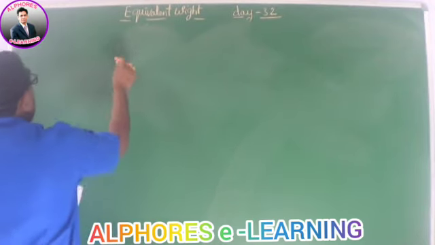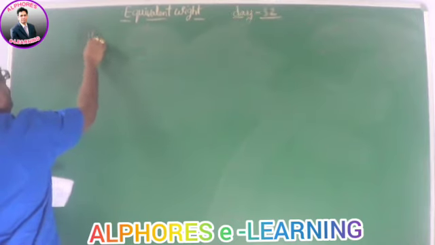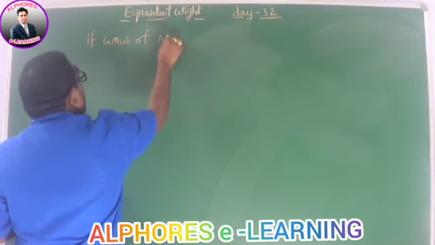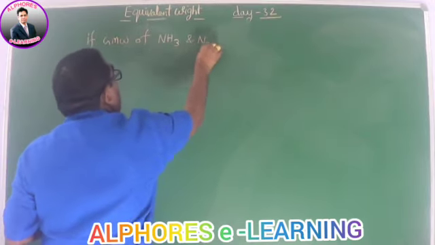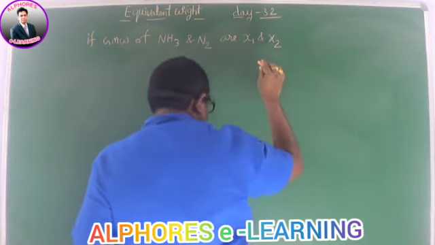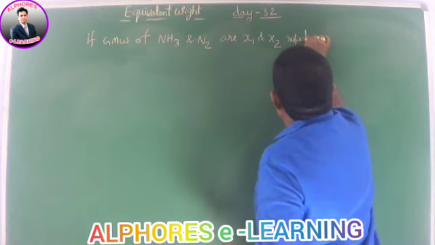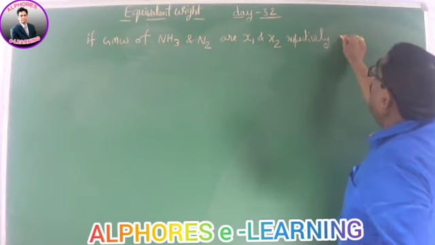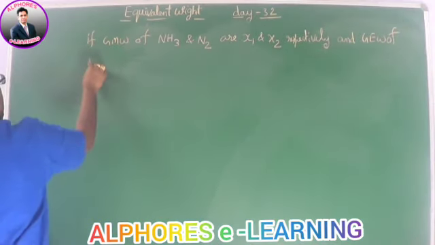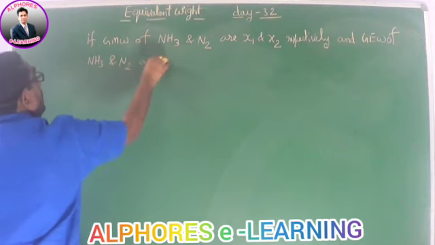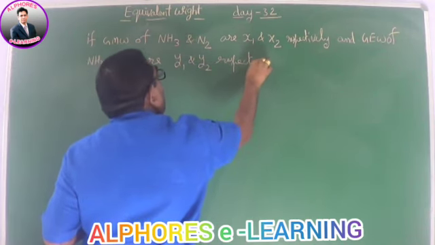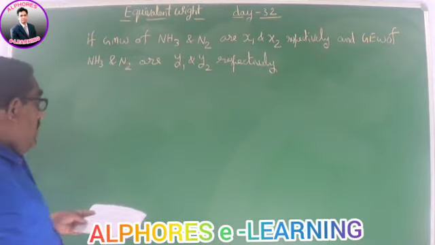If the gram molecular weights of ammonia and nitrogen are X1 and X2 respectively, right now friends, and the gram equivalent weights of the same two substances, ammonia and nitrogen, are Y1 and Y2 respectively.